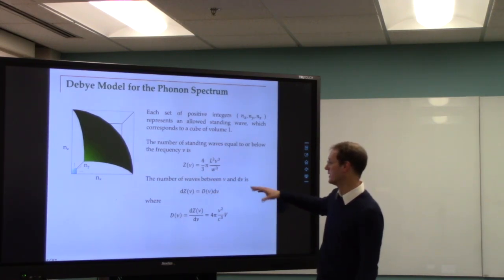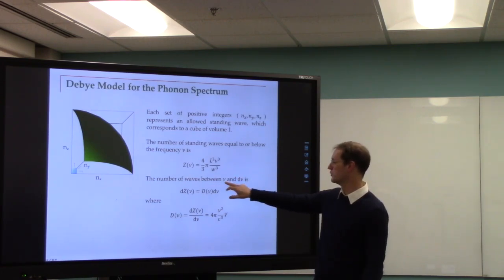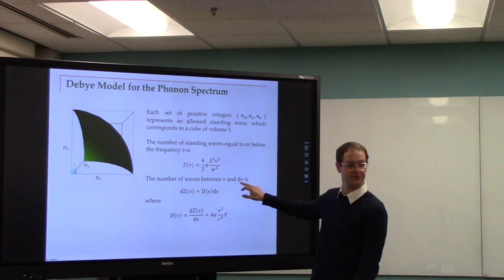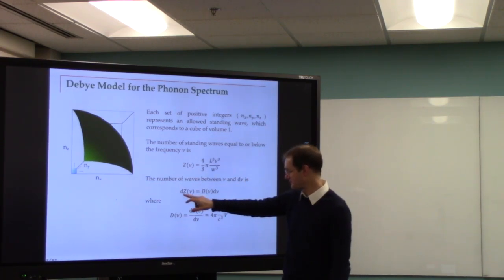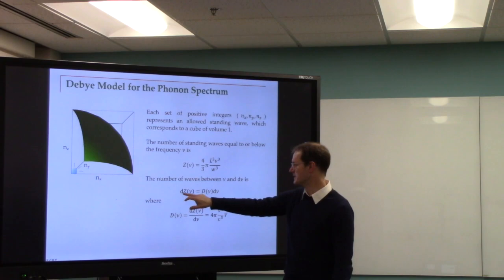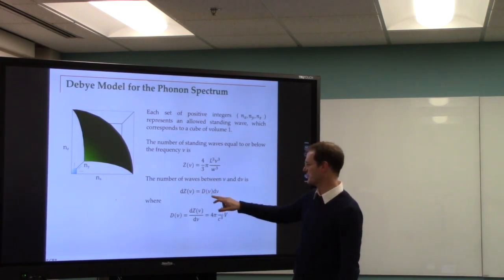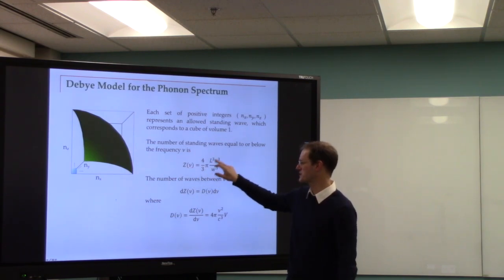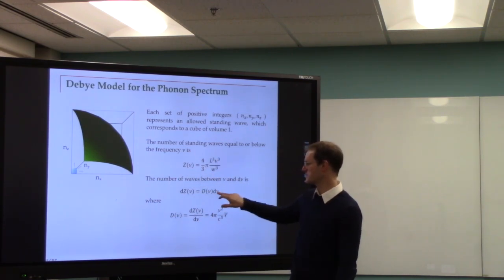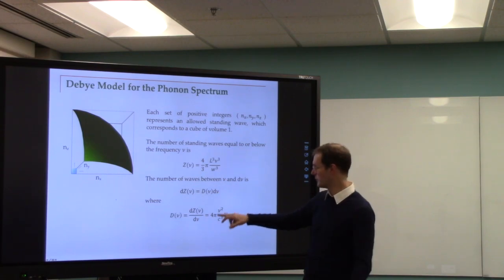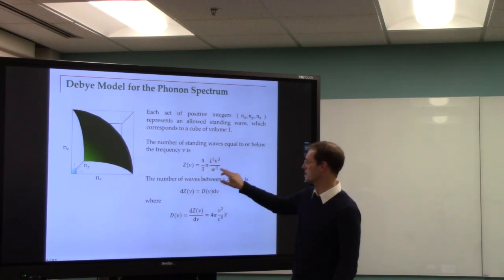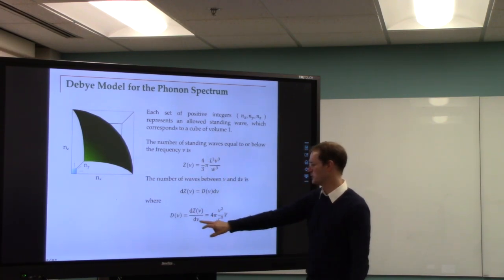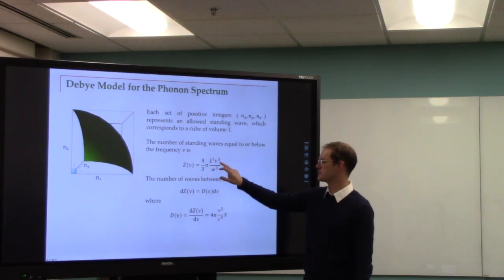And what we want to know is the density of states, which means the number of states between frequency nu and nu plus d nu. And that's equal to dZ, which equals the derivative of this Z, the total number of states, with respect to nu times d nu. And so all we need to do is take the derivative of this equation here with respect to nu. So it's a constant times nu cubed.